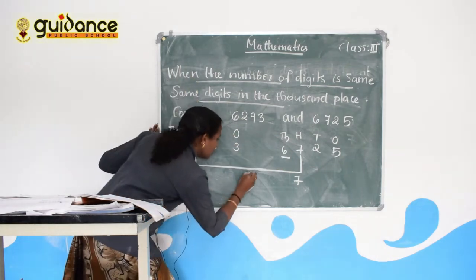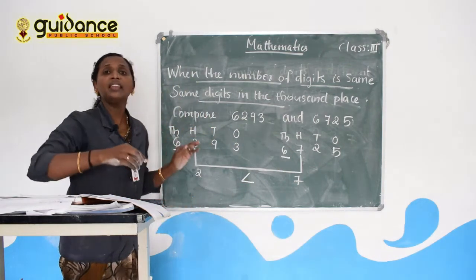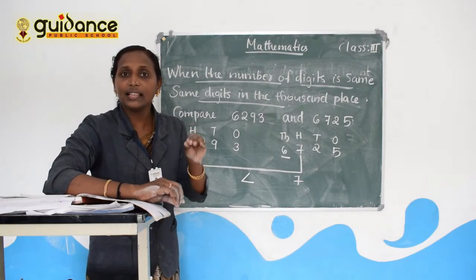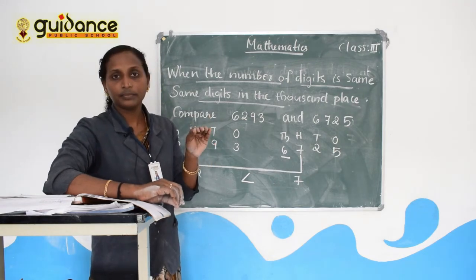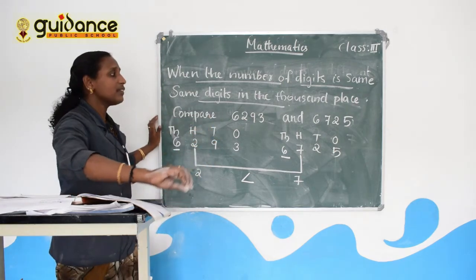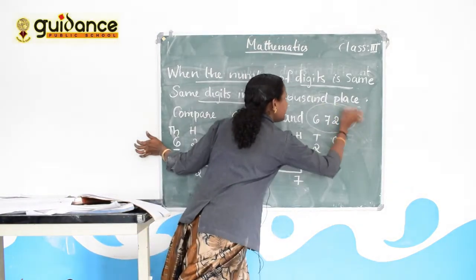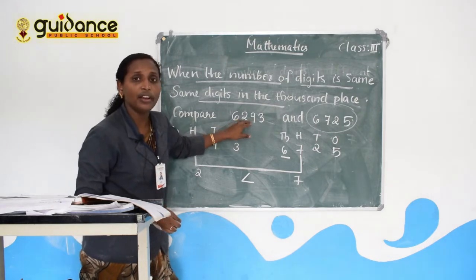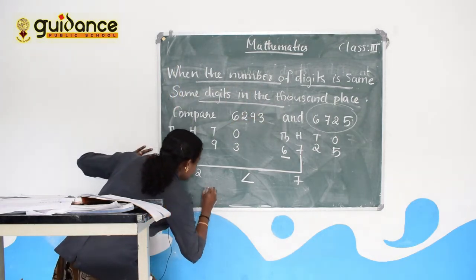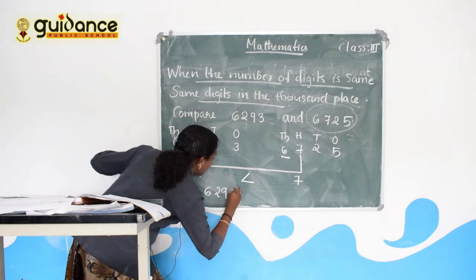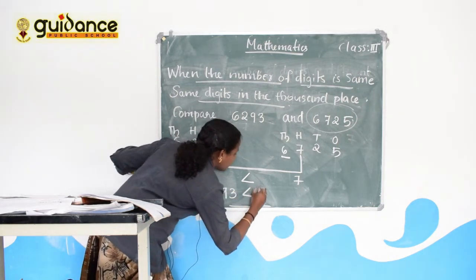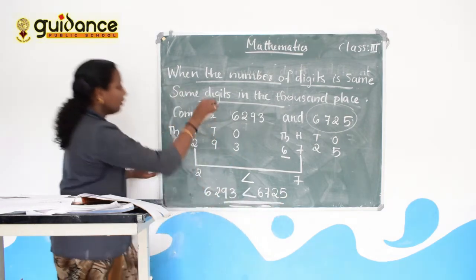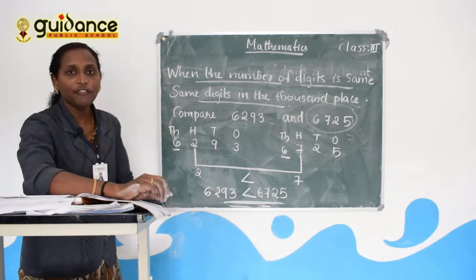That means 2 is less than 7. Clear? That means this is the greater number as compared to 6,293. That is, 6,293 is less than 6,725. All of it clear?